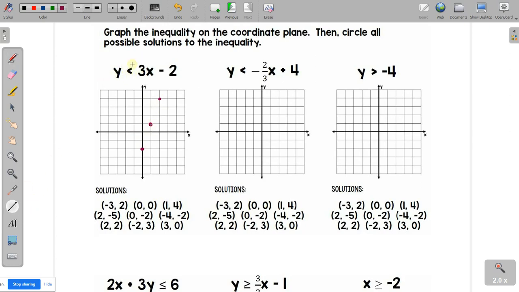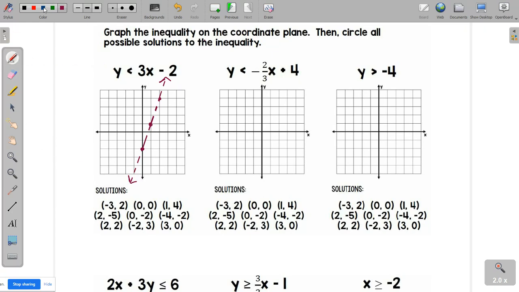We have a less than, so it's going to be a dashed line. Don't forget to make it a dash.